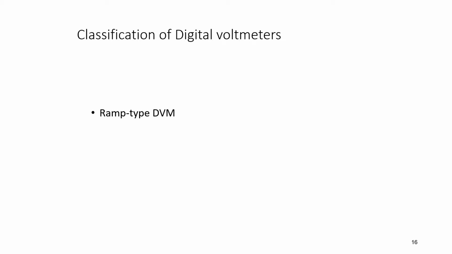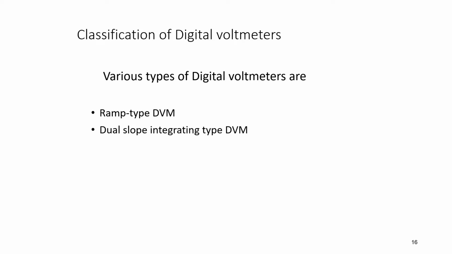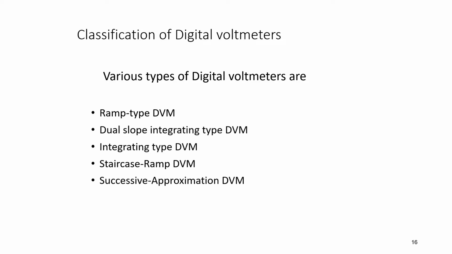The digital voltmeters are classified mainly as the ramp type, the dual slope integrating type, the integrating type, the staircase ramp type, the successive approximation type, and the continuous balance type digital voltmeter.